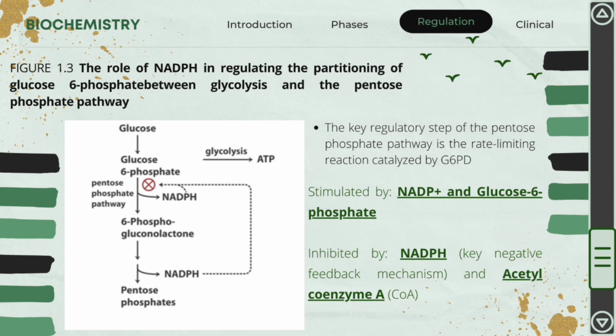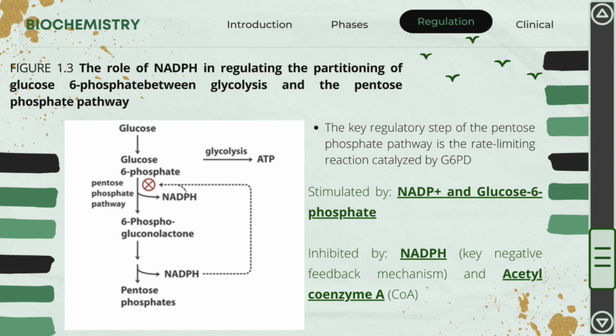On the other hand, when the NADPH ratio is very high, it means that the NADP plus concentration is high, which means the reducing equivalence is low, and when it is low, we can promote pentose phosphate pathway. So this is the determining factor in regulating pentose phosphate pathway.